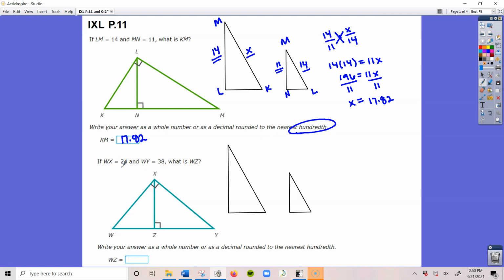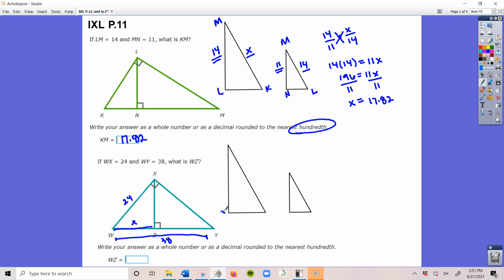Now over here we have WX, which is this side here, is 24. WY, which is this big one here, is 38. And then we're trying to figure out WZ, so this one. Since we're given this big side, I'm going to use this big triangle as my big triangle here.